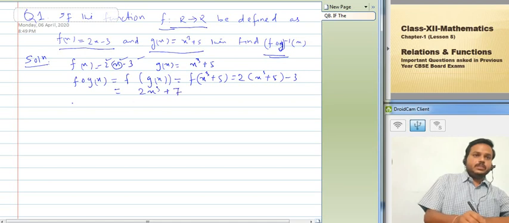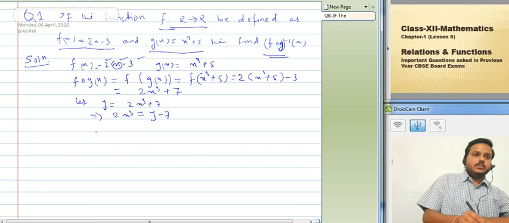So whenever I have a function and I have to find the inverse of this one, for that let us take this one as y, 2x cube plus 7. Now you convert x in terms of y, that is twice of x cube is equal to y minus 7, and x cube is nothing but half of y minus 7.